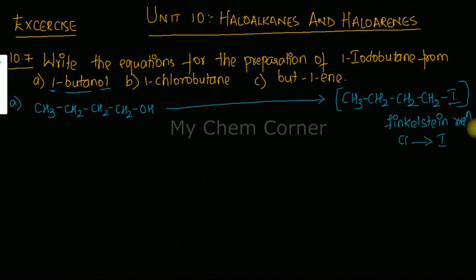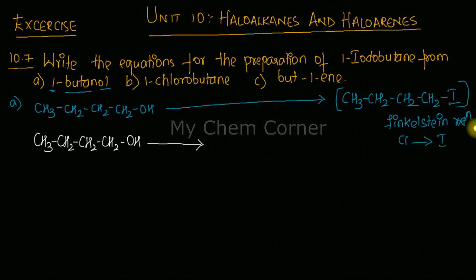Alright, so let's move into the equation now. So we will write CH3, CH2, CH2, CH2OH, which is our first compound, 1-butanol. This is going to be treated with any one of the methods for preparation of a haloalkane from an alcohol.